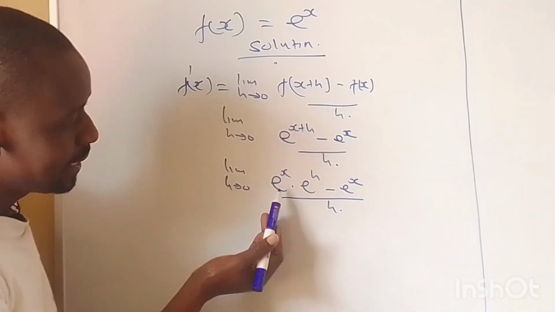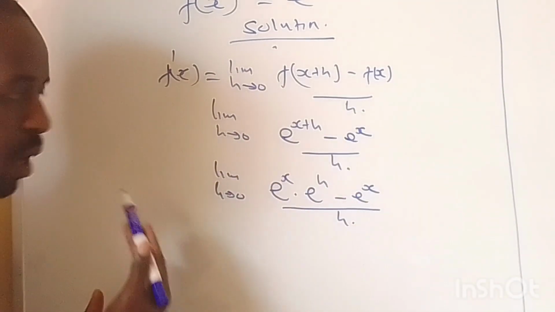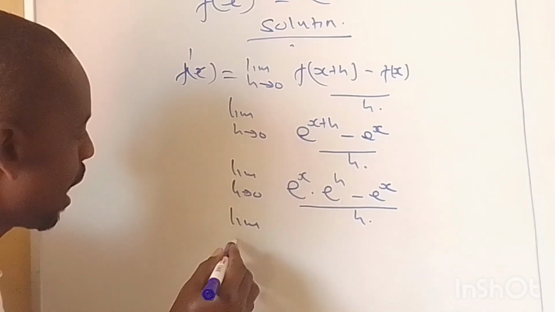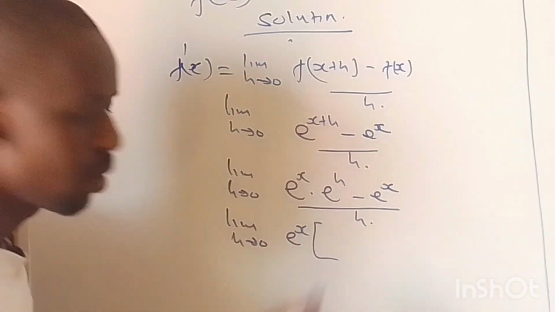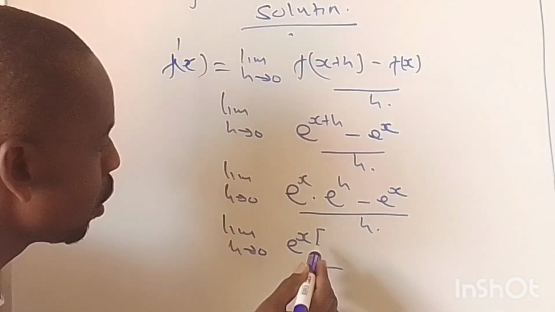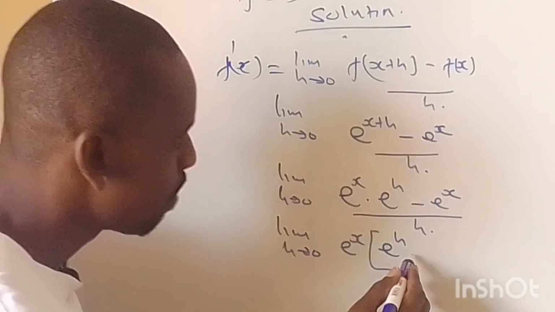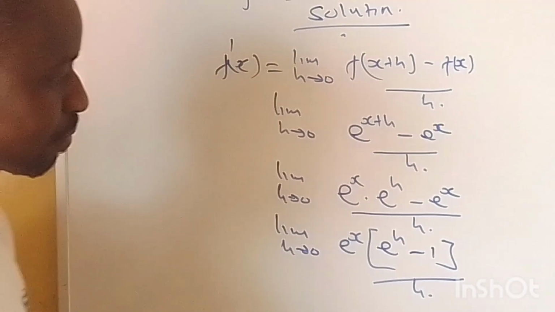But I can see the e raised to x is common here. So can we open up the bracket by e raised to x? As the limit h is tending to 0, then e raised to x into bracket e raised to h minus 1, and this one is over h.